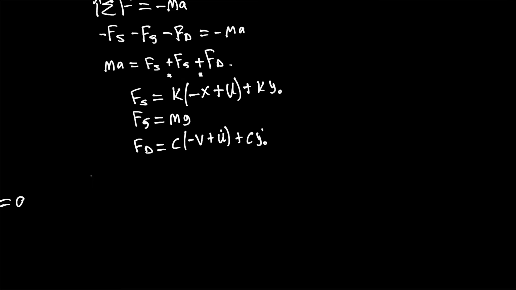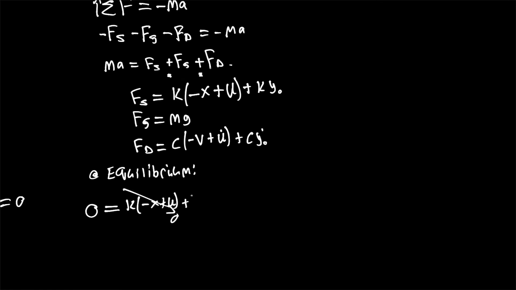So at equilibrium, we're going to have ma equal to 0. And that's going to be k times negative x plus u. At equilibrium, this is going to be a 0 term, plus k y naught, plus the force of gravity, mg, plus the force in the damper.